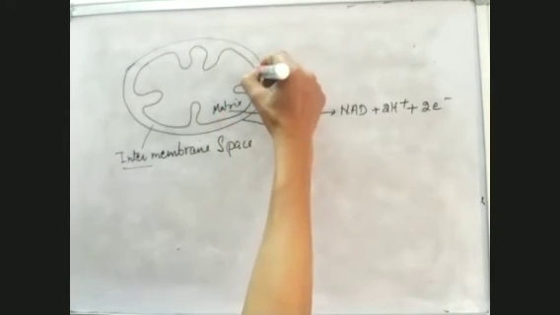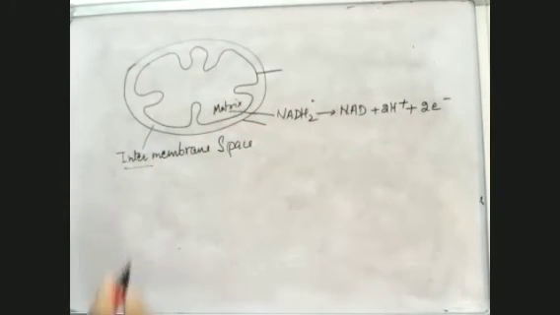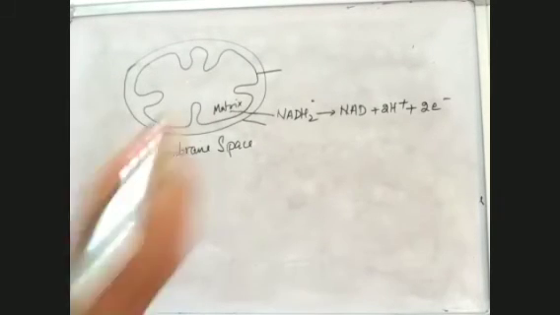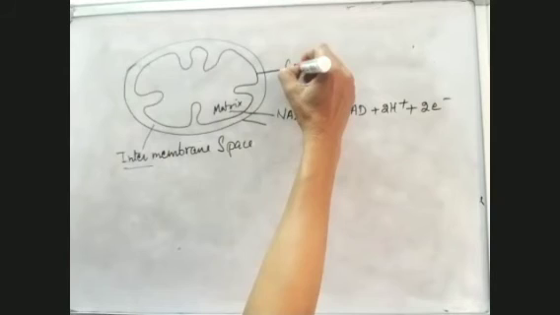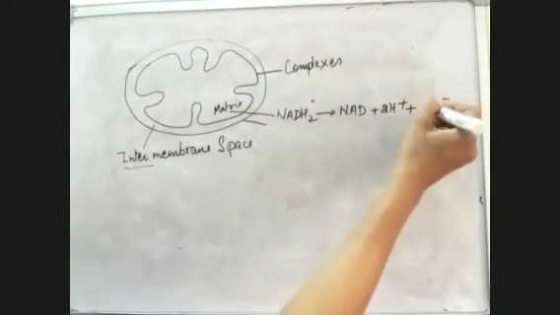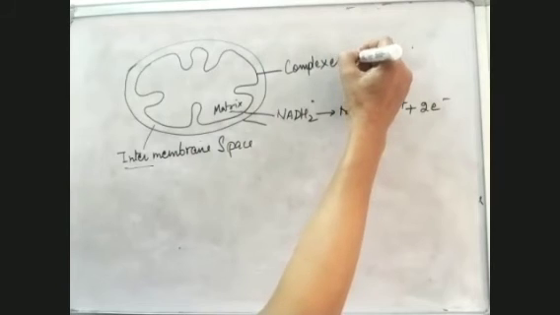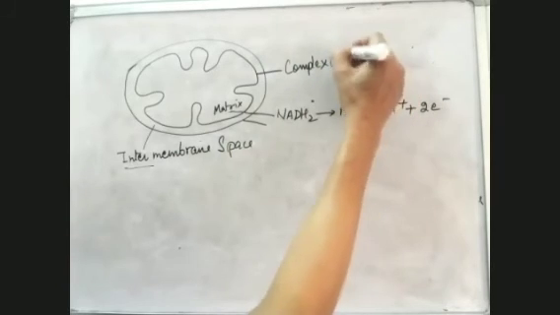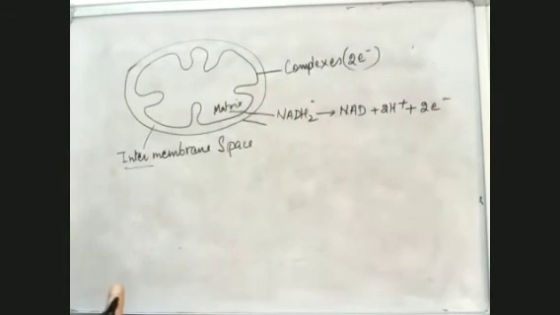Now here I'll make the inner wall and this is outer. So what happens in the inner membrane? The inner membrane has complexes. In these complexes the electron passes. This is what takes place in the inner membrane.